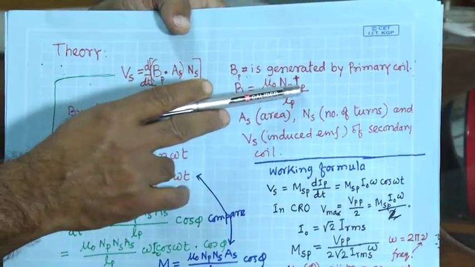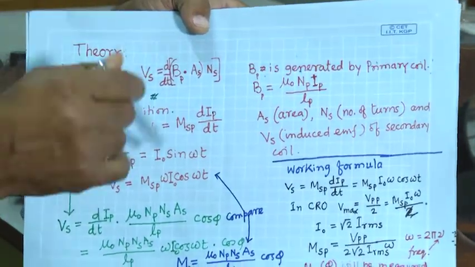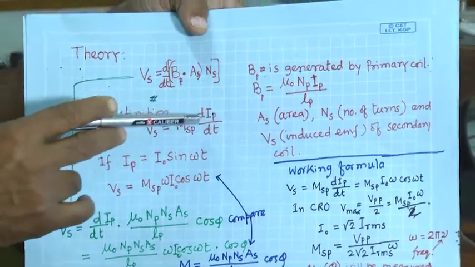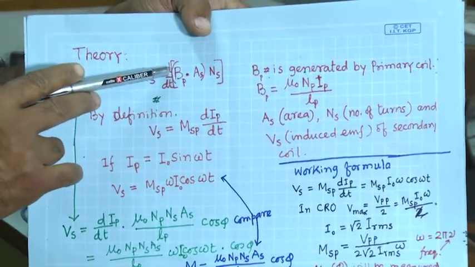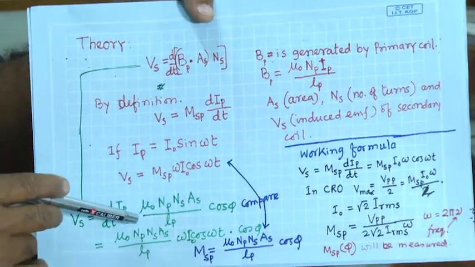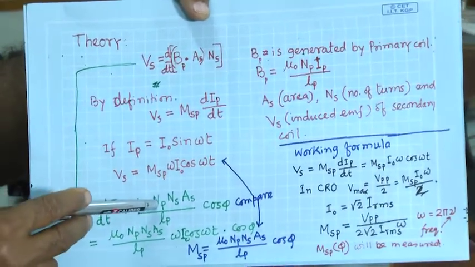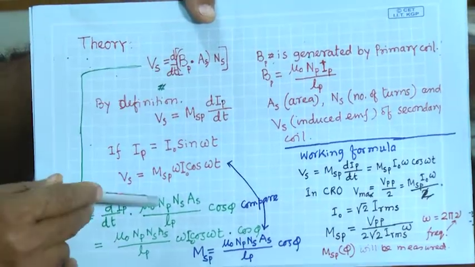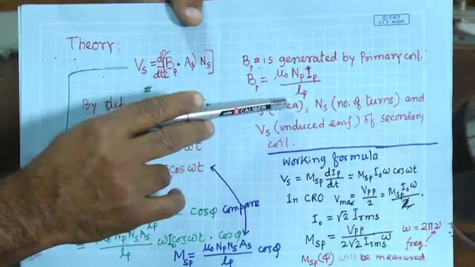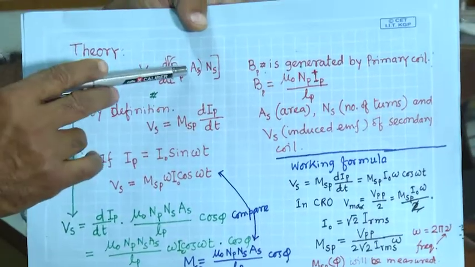Only in this case the current is changing with time, all others are constant. So I get dIp by dt, and the rest of the part is mu 0 Np, Ns, As divided by Lp. This is the length of the primary coil.